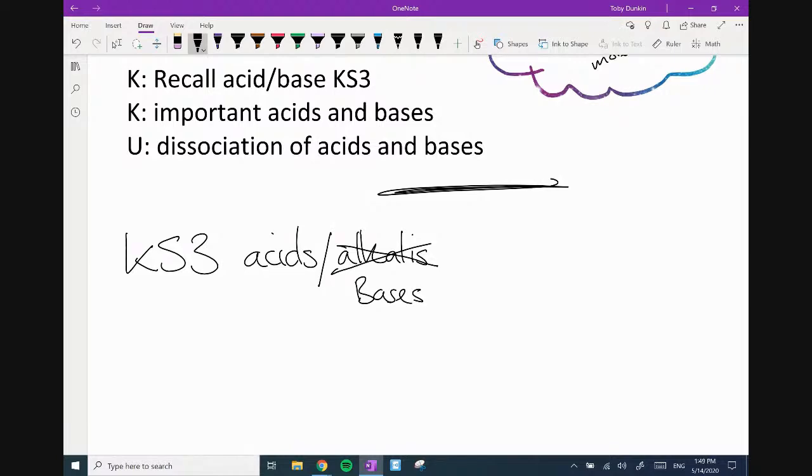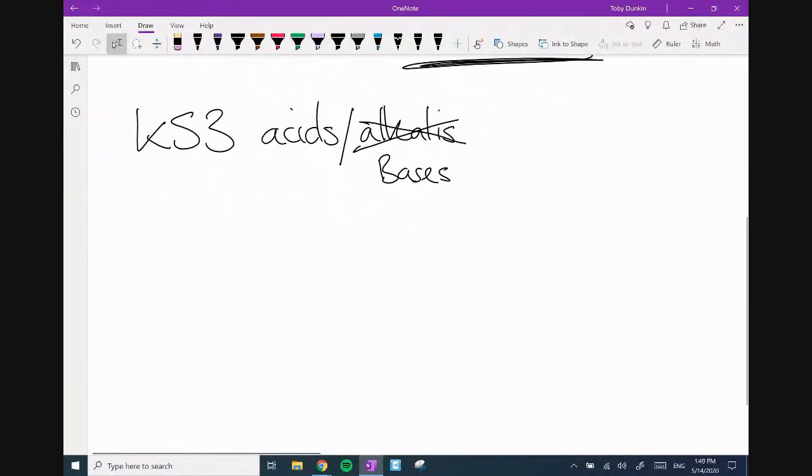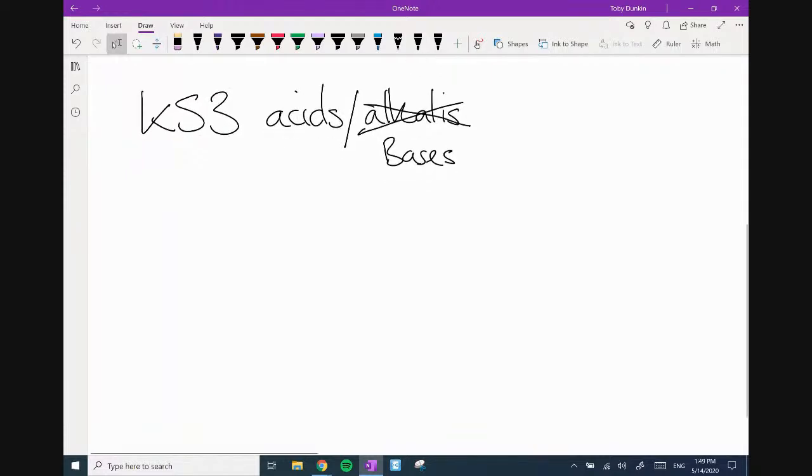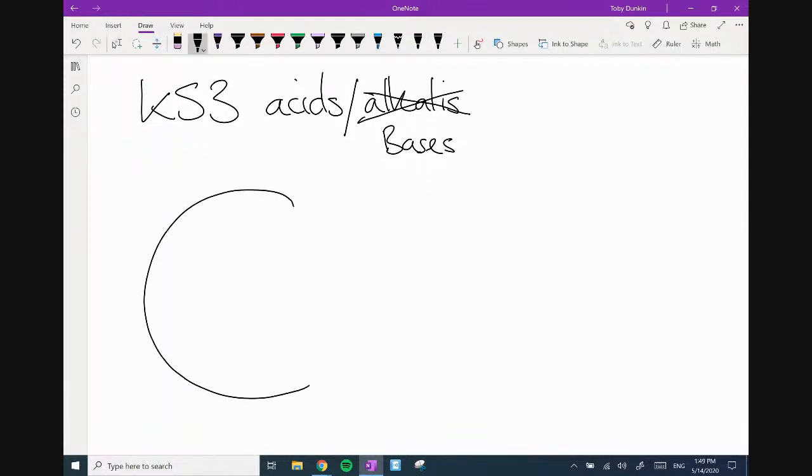Because the first thing we need to realize is that in chemistry there are many families and many topics and many bits to chemistry, but what you learn is that there are particular families. The acids and bases are a family, and in that family there are two.